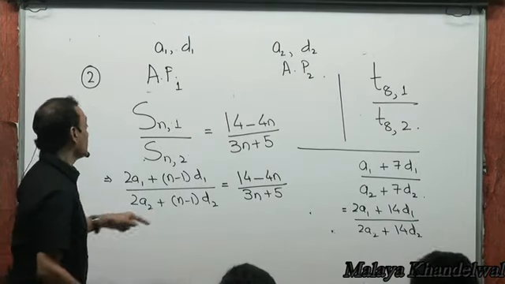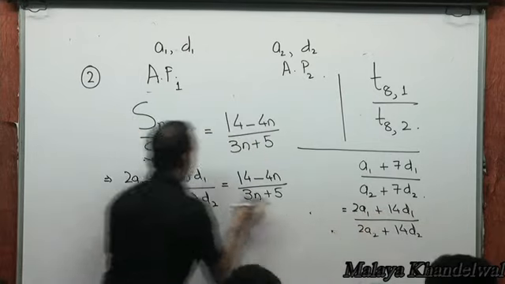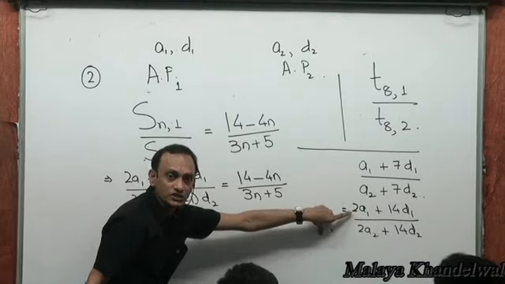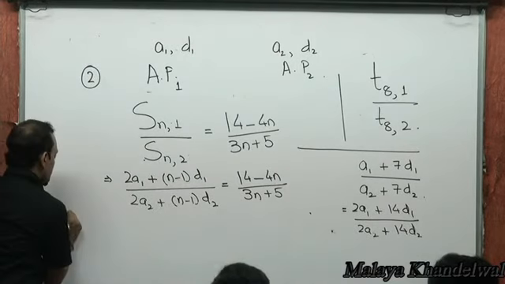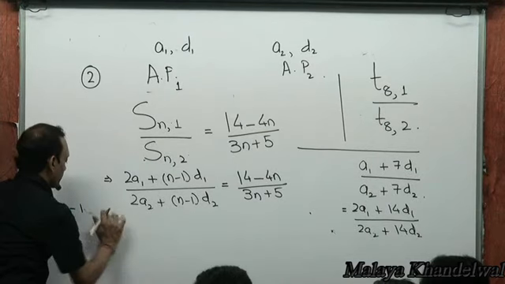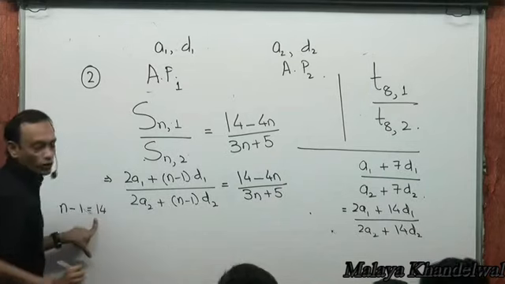Given this, very clearly, if you chose n minus 1 equal to 14, then this ratio will emerge, right? So choose n minus 1 equal to 14, so as to bring this ratio to light, that means n equal to 15.